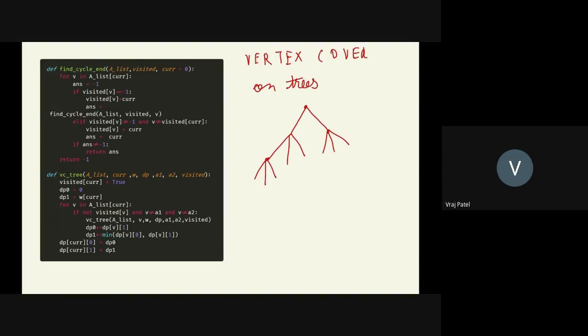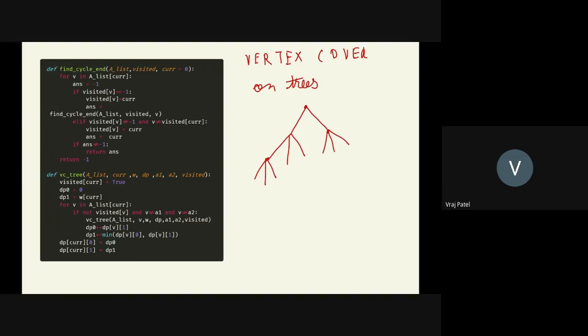The vertex cover problem is not just finding a vertex cover, because just finding a vertex cover is very simple. You can just select all the vertices and you have a vertex cover. The main problem with the NP-hard version of vertex cover is that you have to find a vertex cover which has the minimum weight, or if the nodes are unweighted, then it's the vertex cover of minimum size, since the weight of each vertex is 1, right?